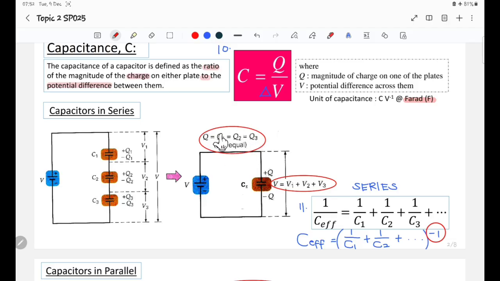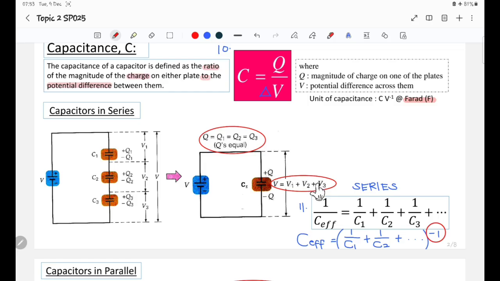However, in terms of the potential difference across each capacitor, V1 is the voltage across capacitor 1, V2 is the voltage across capacitor 2, and V3 is the voltage across capacitor 3. In a series combination, the total voltage V is the sum of the voltages across each capacitor, V1 plus V2 plus V3.